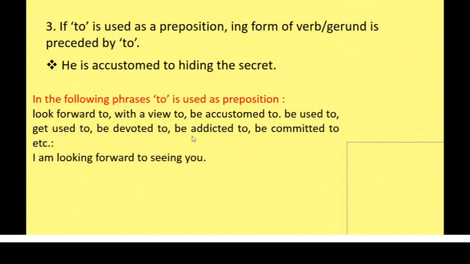And to is followed by the gerund, that is ing form of verb. You can find the example here. I am looking forward to seeing you. Here, after preposition to, seeing, that is gerund, has been used.